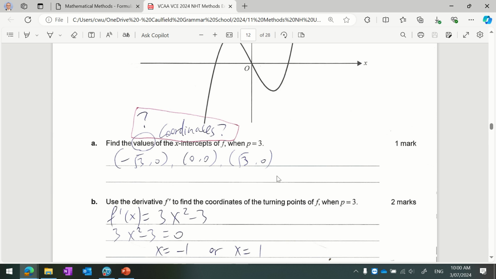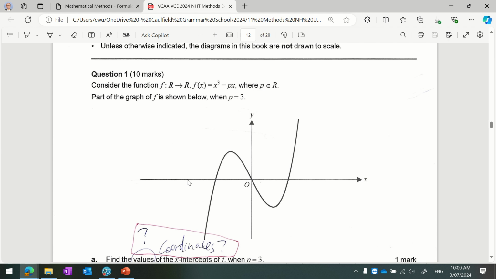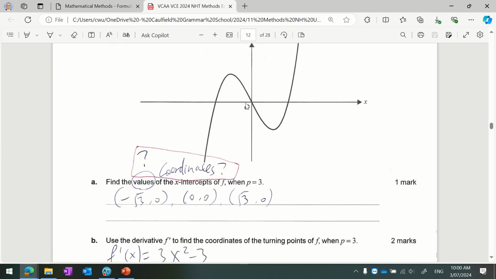The wording of the question is a bit ambiguous. Well, not ambiguous, I guess it's just wrong, because an x-intercept is a point, and we're talking about a 2D plane here. There's an x-axis and y-axis, so it's a plane, not a one-dimensional space.